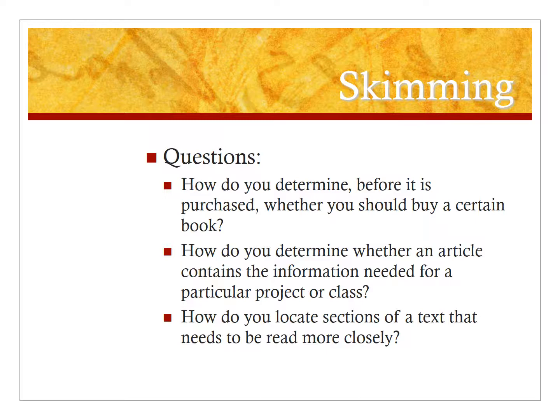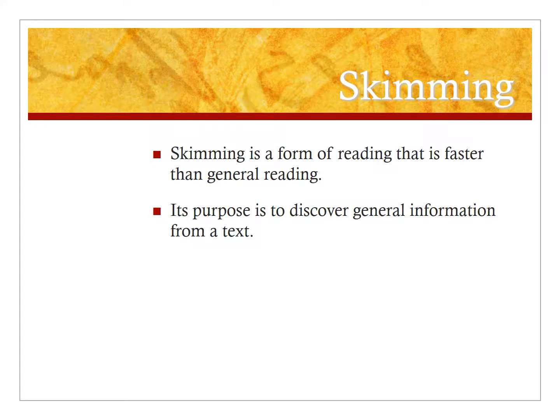And then let's say you're just trying to find something in a textbook or something online that you need to read more closely. How do you find that stuff? Well, the answer to all this is, of course, skimming. Skimming is that magic form of reading that is just reading but faster. And the whole raison d'etre of skimming is to get the general information, the gist.